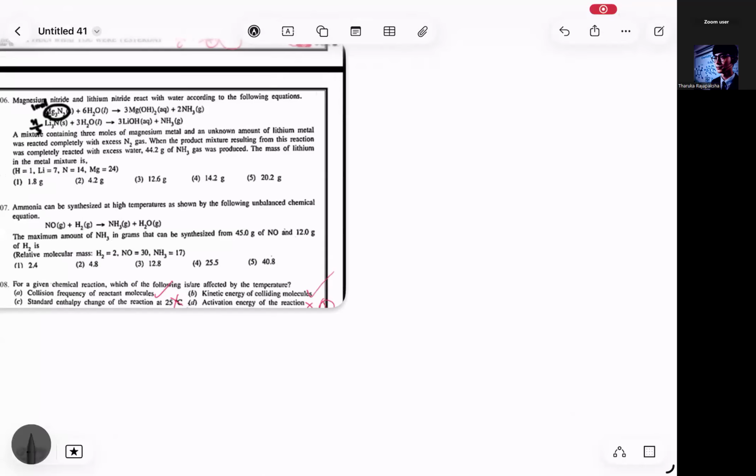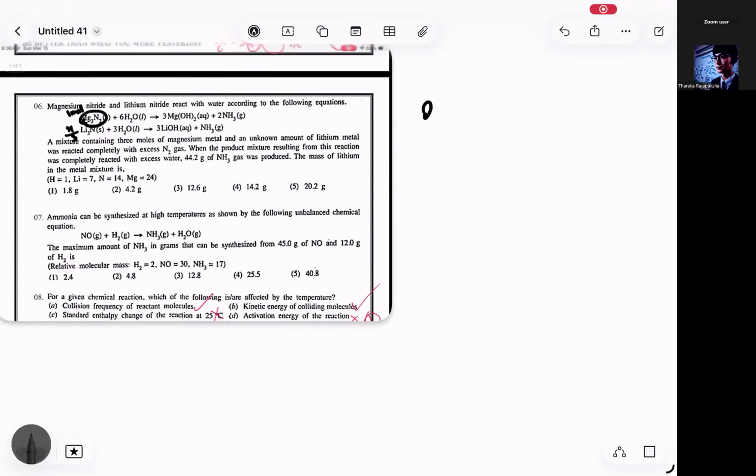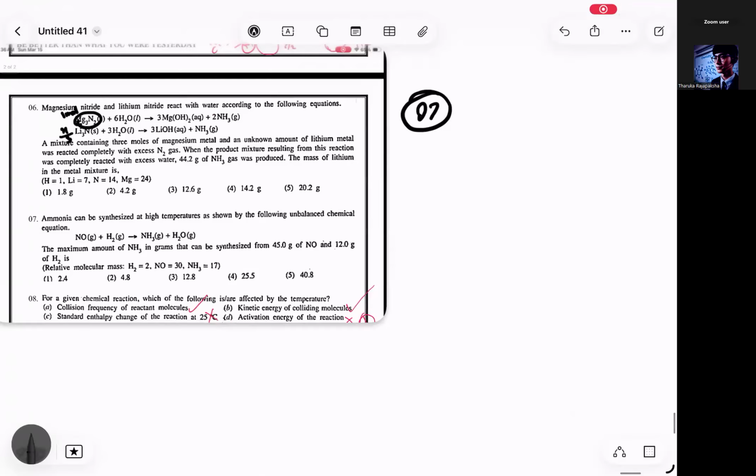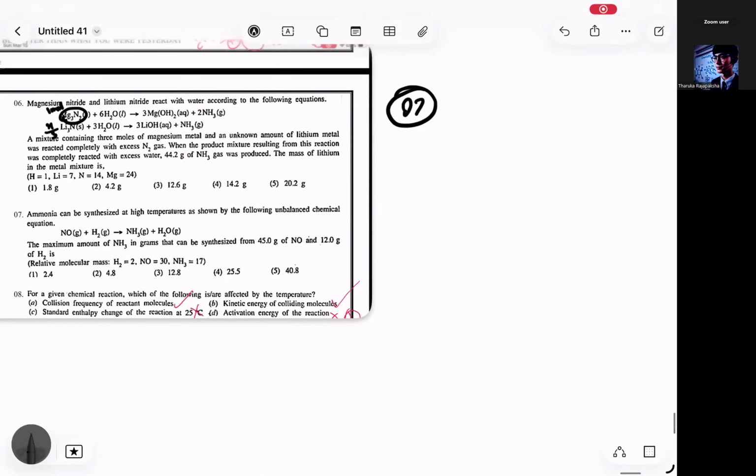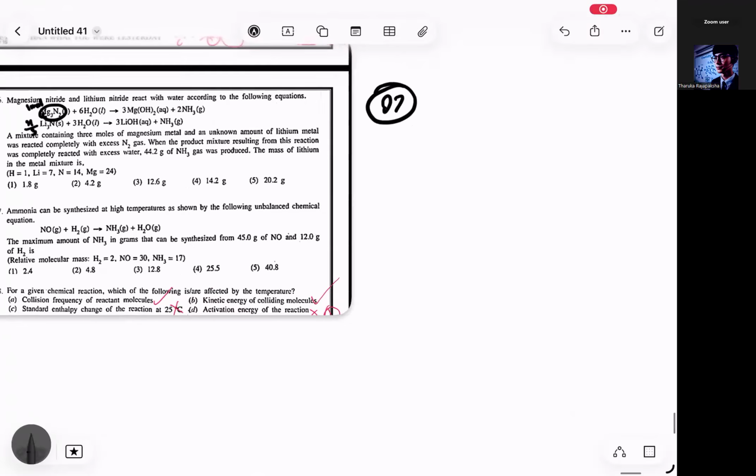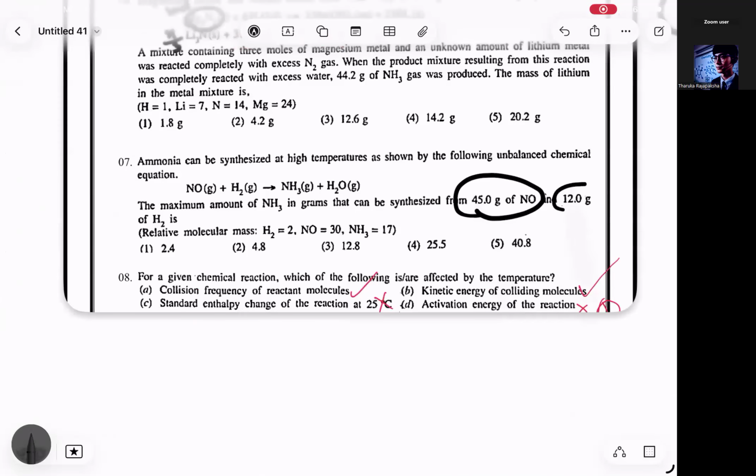Seventh question: ammonia can be synthesized at high temperatures as shown in the balanced chemical equation. What is the maximum amount of ammonia, in grams, that can be synthesized from 45 grams of NO and 12 grams of H2? So 12 grams of H2 and 45 grams of NO are reacted.